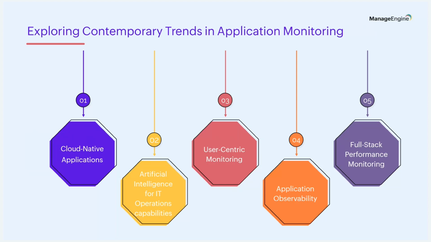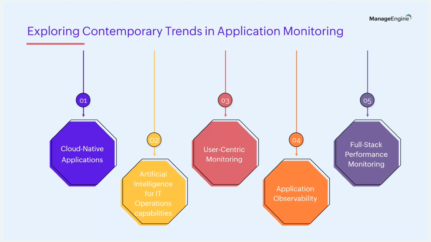The fourth trend is application observability. Here it provides deep insight into your application performance and health by analyzing the logs, traces, execution time, and transactions. This helps to identify errors, bottlenecks, and inefficiencies in the code. The final trend is full stack performance monitoring.